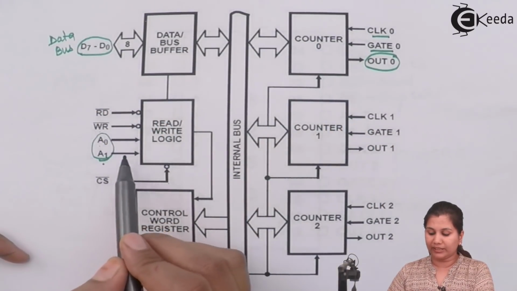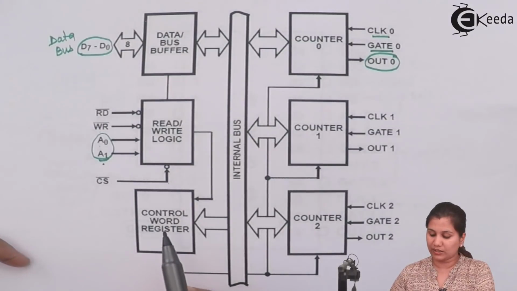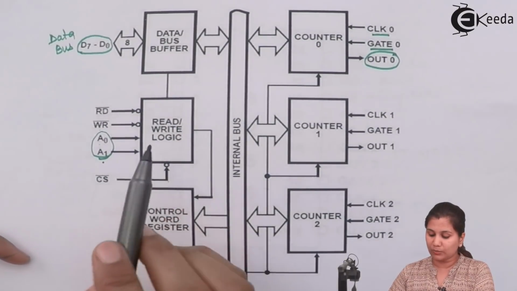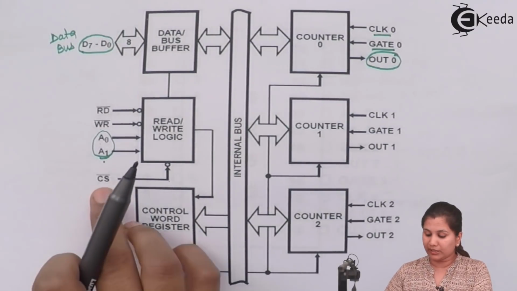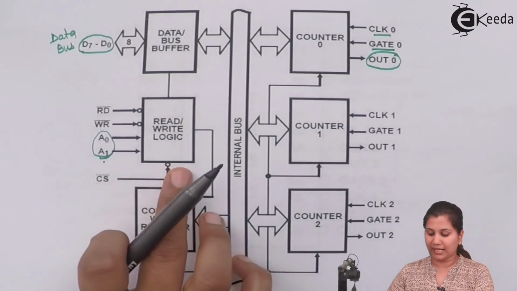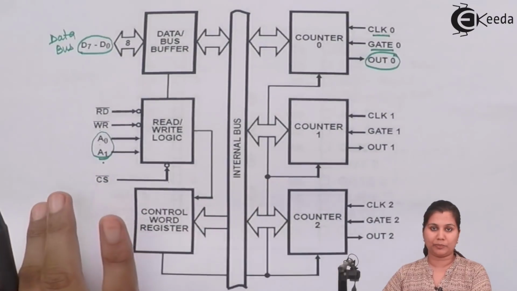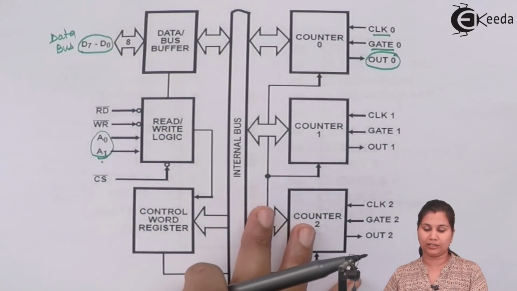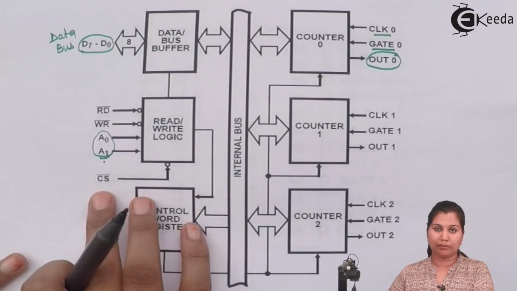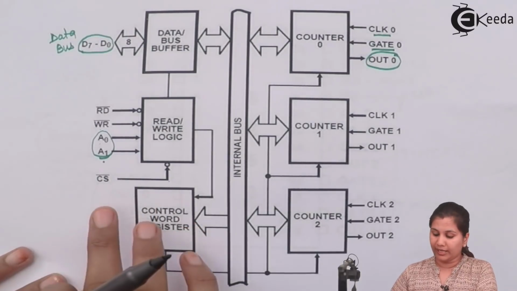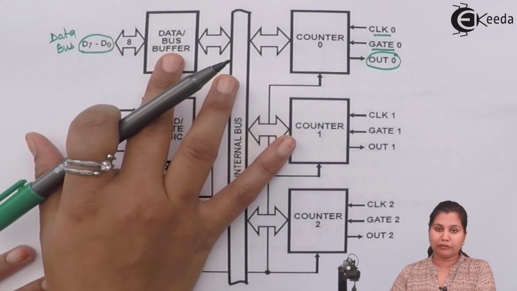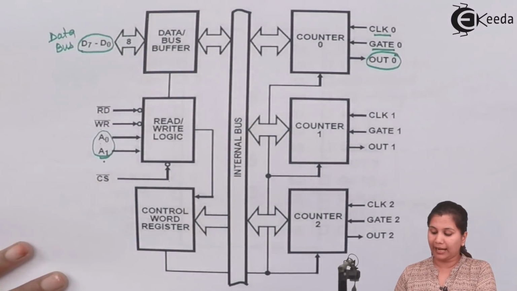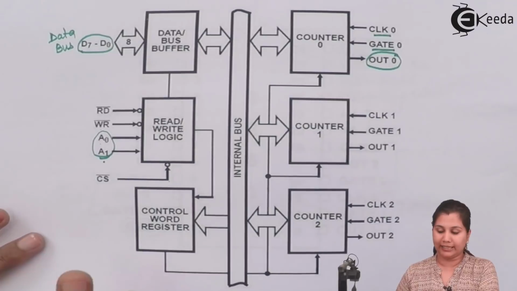A0 and A1 will decide which register it has to select, and this logic will work only when the chip select signal is enabled, because if it is enabled, it means that 8253 and the microprocessor want to communicate with each other. If it is disabled, meaning its value is 1, then the chip will not be selected, the data bus buffer will be in the high impedance state, and no transfer of data will take place.